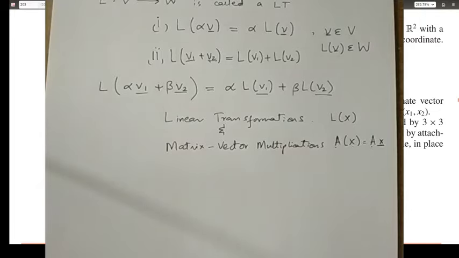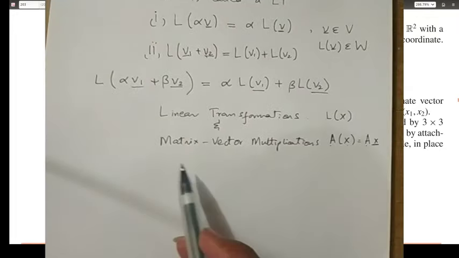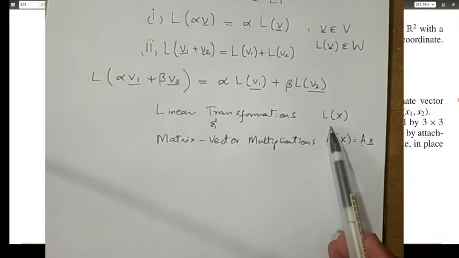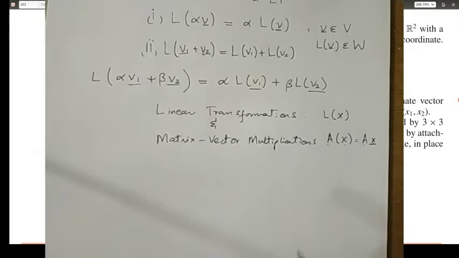Welcome. Okay, so the idea for today is what's this relationship between linear transformations L of x and these matrix multiplications.